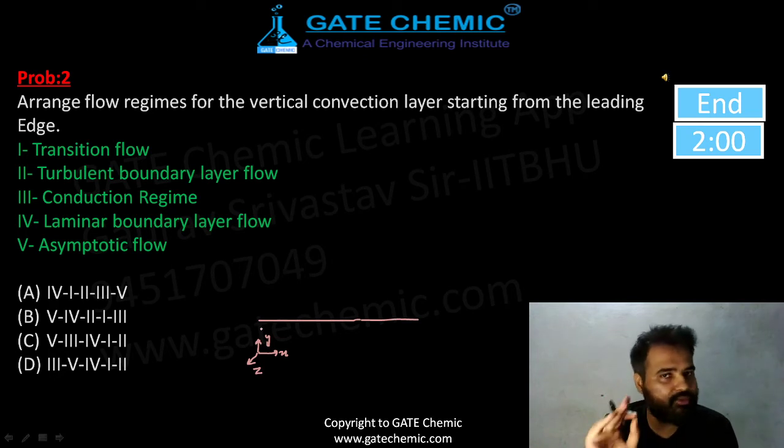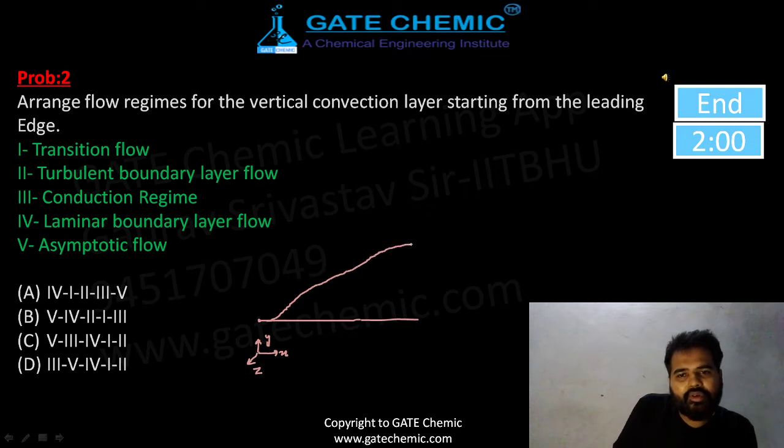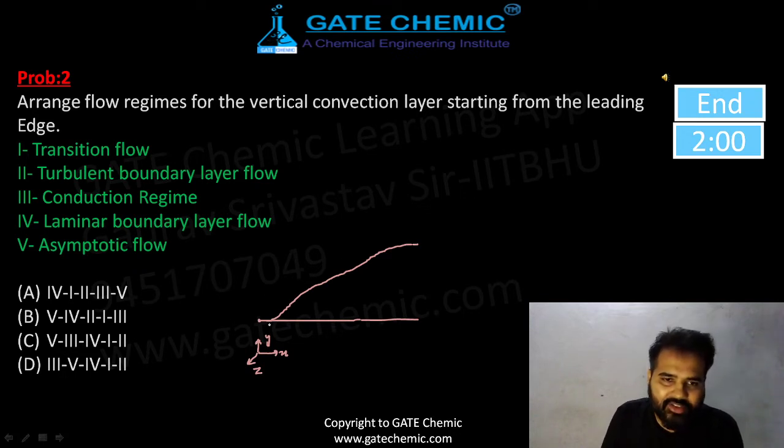If you remember, we told you that in reality our thermal boundary layer does not start from the leading edge. It starts after some very small distance. If I write this distance as x naught, beta, then this x naught tends to 0.